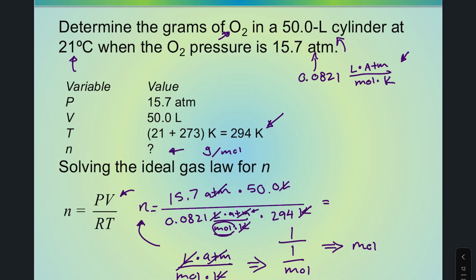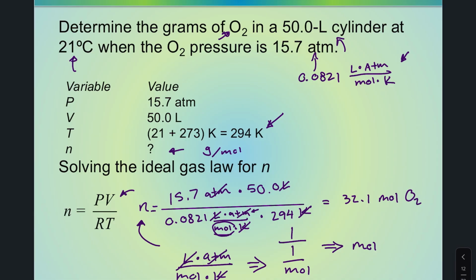All we have to do is multiply those values together, and we should be able to get our answer. This is going to end up with 32.1 moles. Now, we're not done, because this is moles of O2.